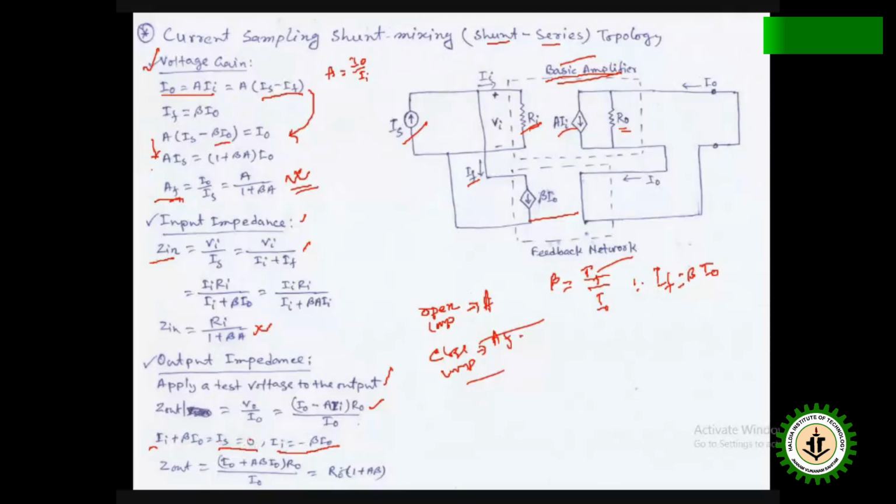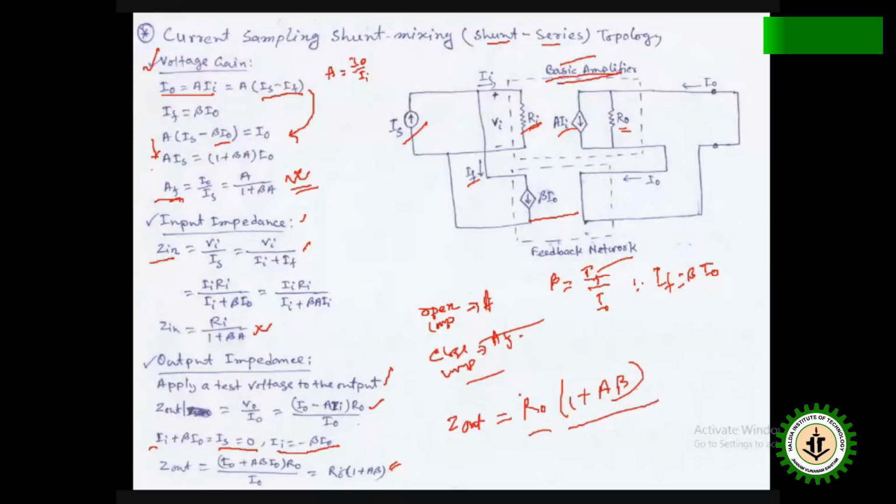IS is equal to 0 when we find out the output impedance. So Ii is equal to minus beta I naught. So we can write Z out is equal to (I naught plus A beta I naught) into R naught by I naught. If you simplify it, then we see Z out is equal to R naught into 1 plus A beta. That means R naught is multiplied with the factor 1 plus A beta.